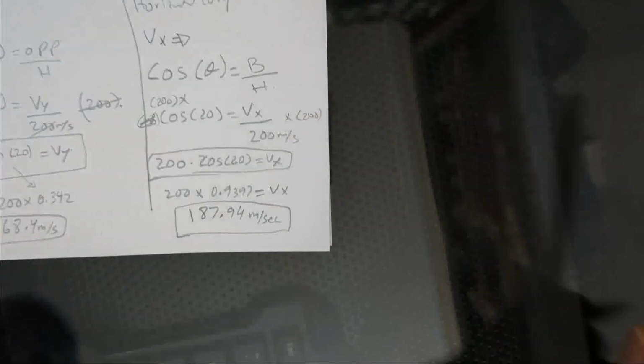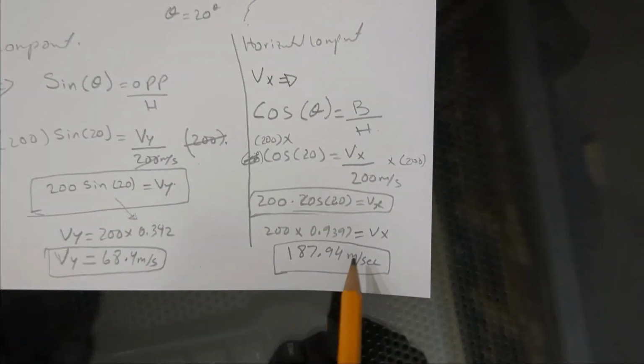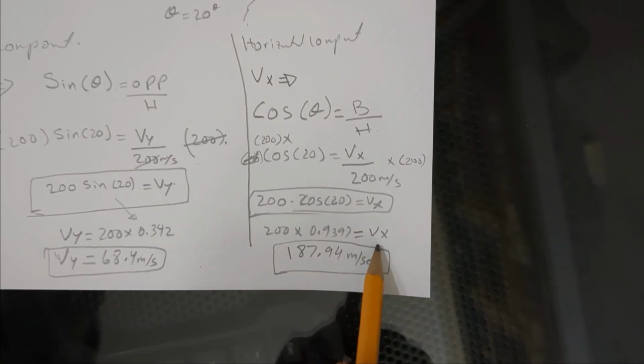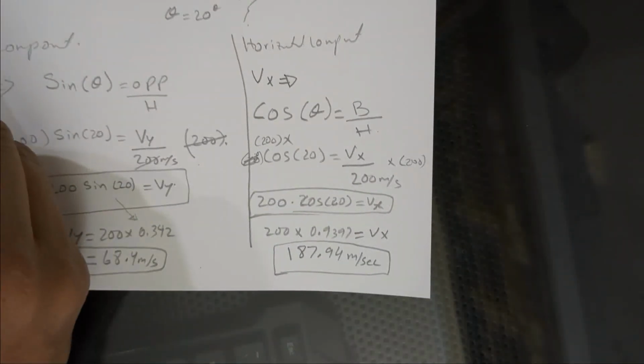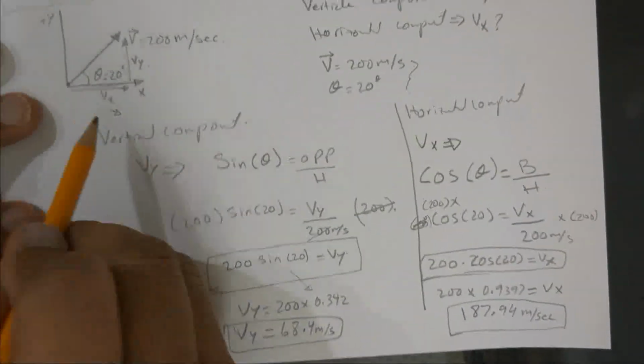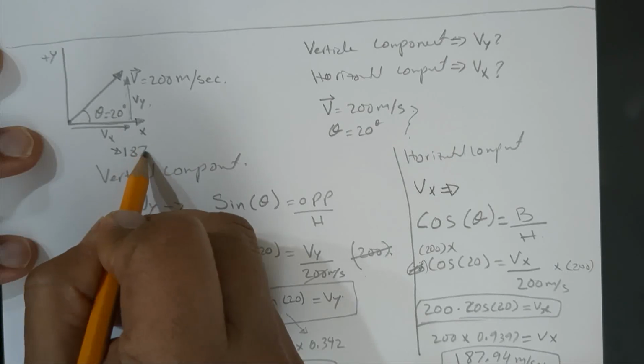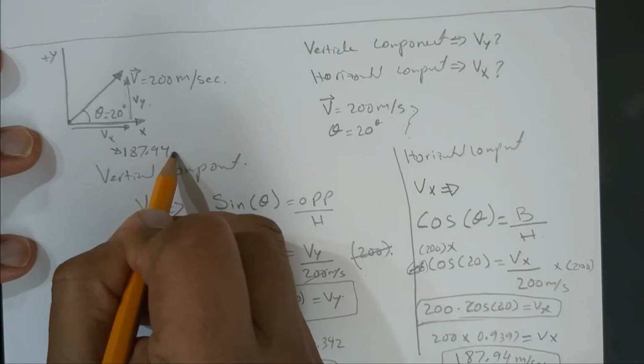So now let's see if this makes sense or not, right? So now you have Vx, which is 187.94 meters per second.